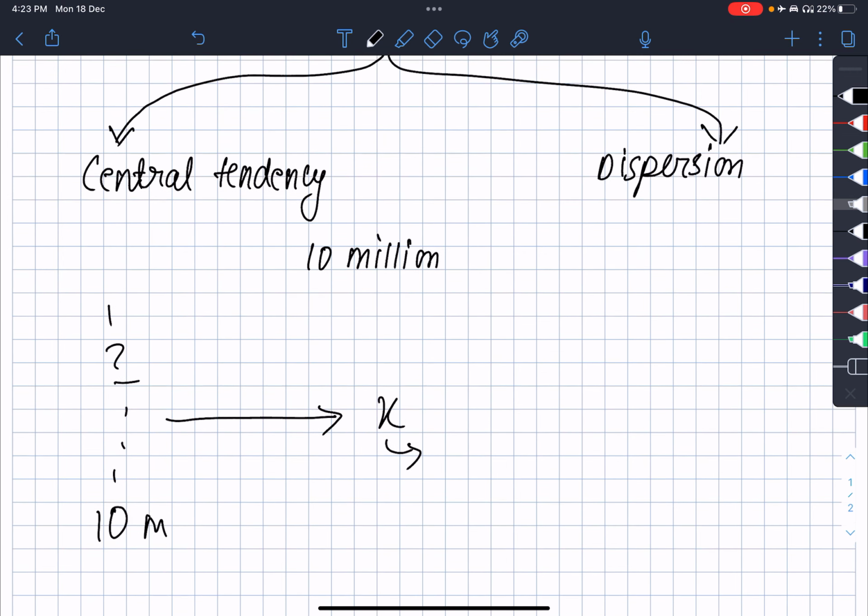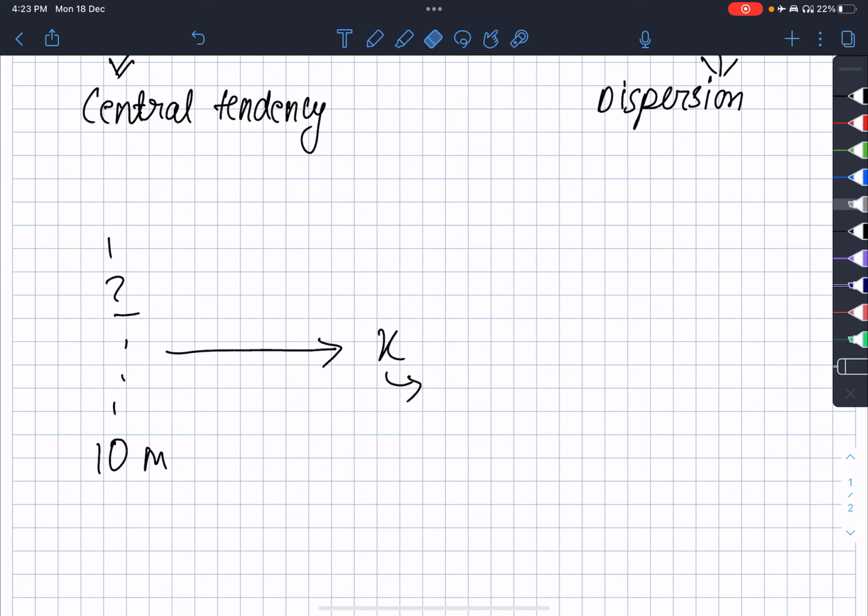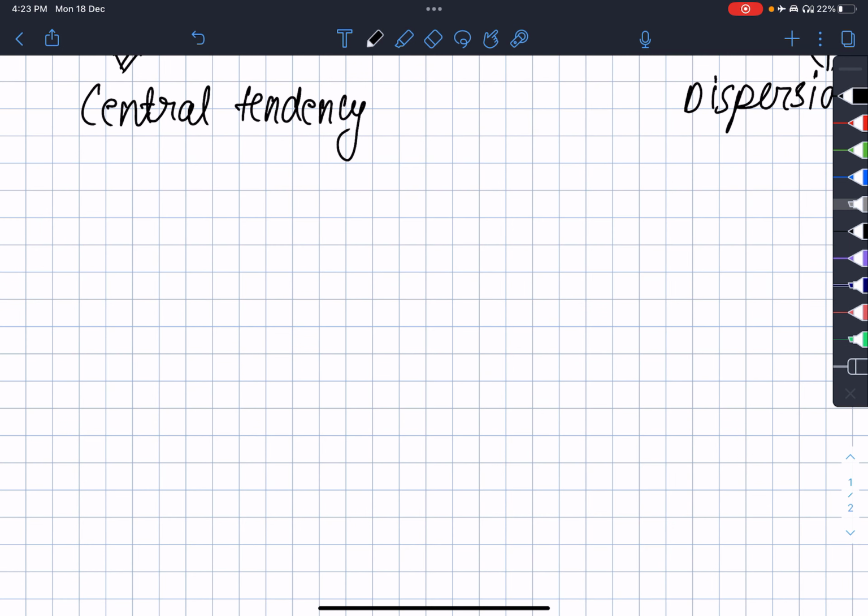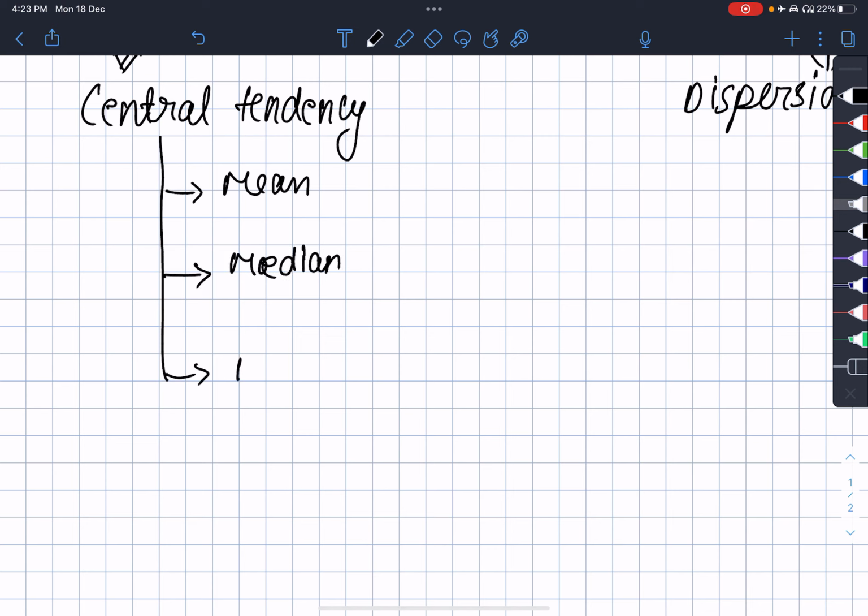Now in central tendency we have three things. First is mean, second is median, and third is mode. All these three tell us the same thing, the behavior of the data.